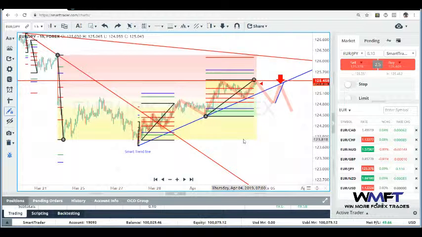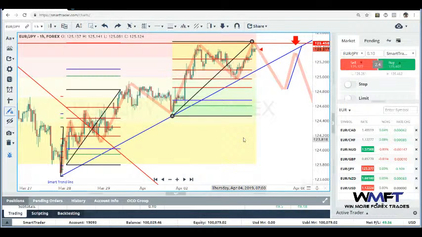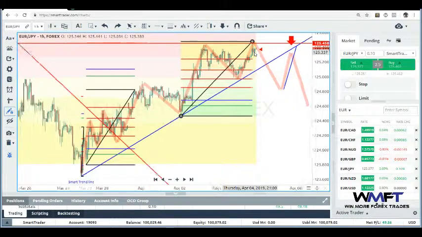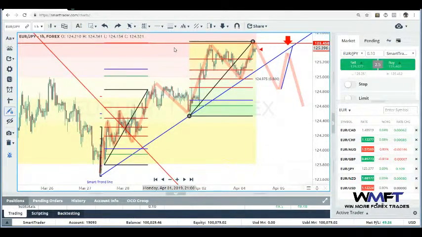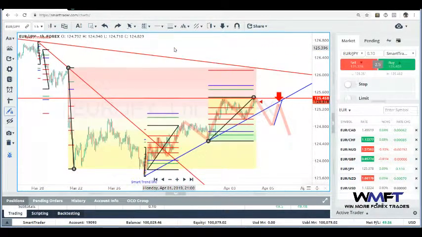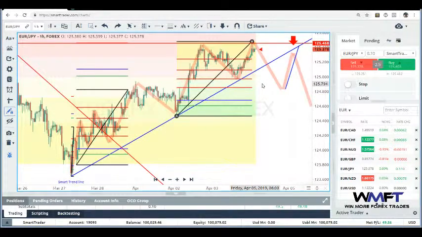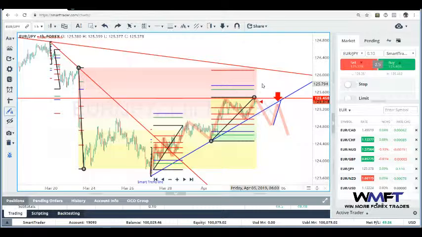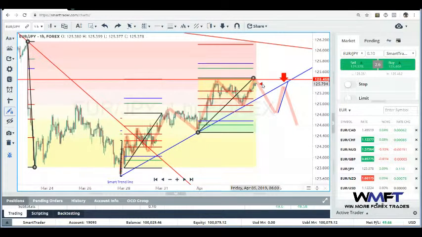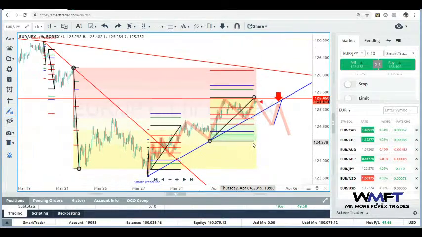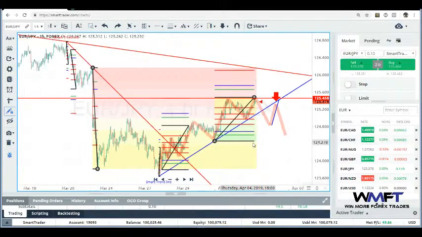So that being said, that 1618 extension was just hit a couple of hours ago. So the market likes to retrace once it hits a 1618 extension. So the market could possibly do exactly what the illustration has shown and start giving us that signal so we can start selling the market.